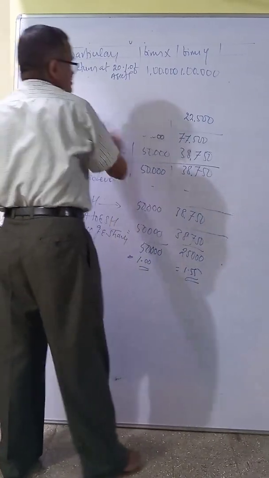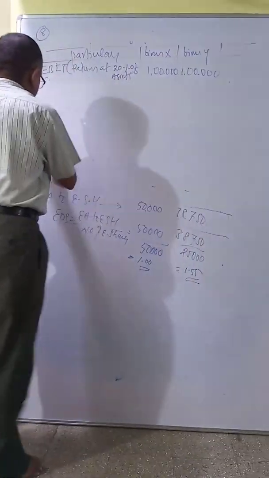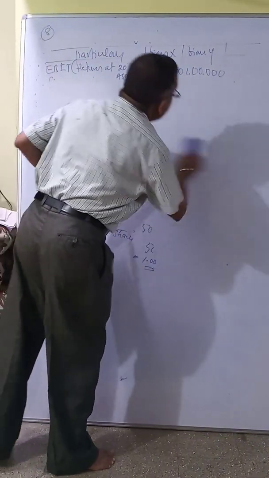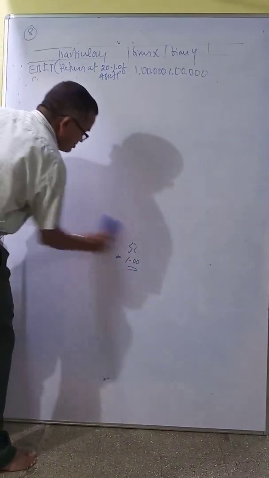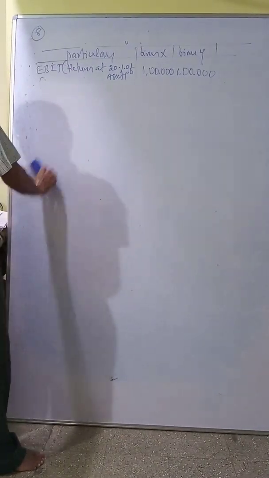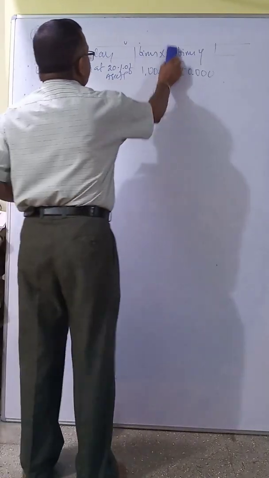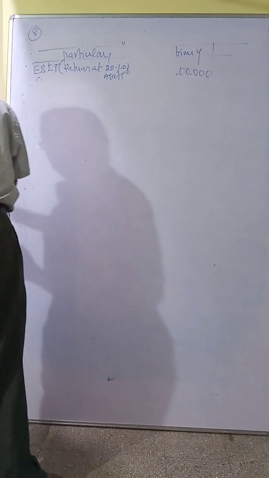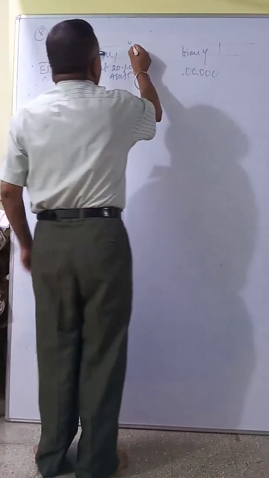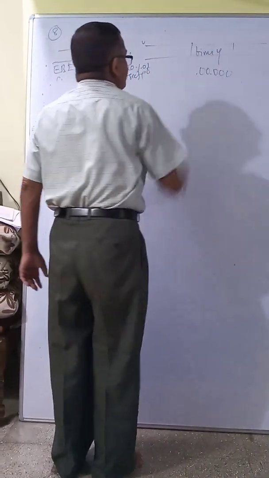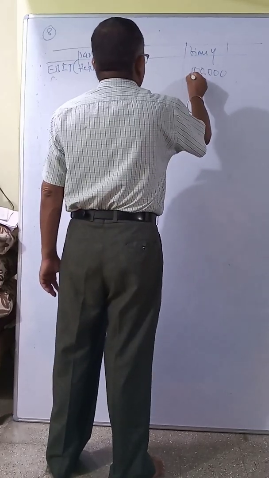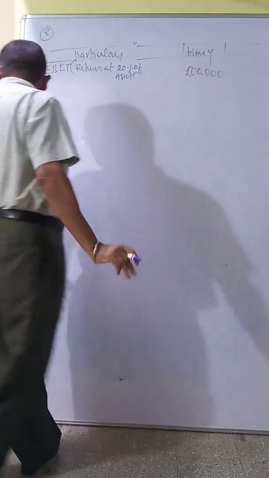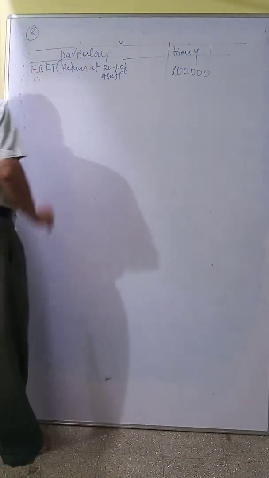What do they ask in the question regarding firm Y? Only firm Y is given. Let's see, particulars for firm Y.